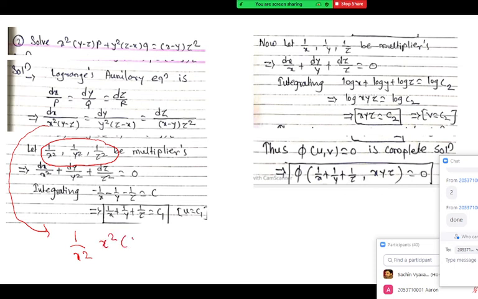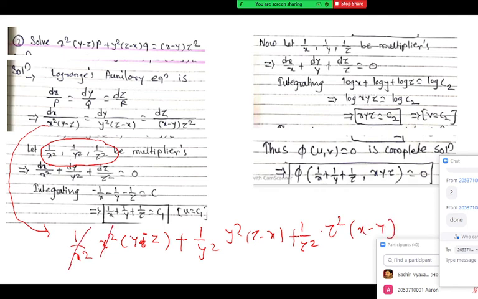The denominator is x square into y minus z, plus 1 by y square into y square into z minus x, plus 1 by z square into z square into x minus y. So that is the denominator. The x square, y square, z square get cancelled everywhere, and what is left? y minus z plus z minus x plus x minus y, and that is coming 0.